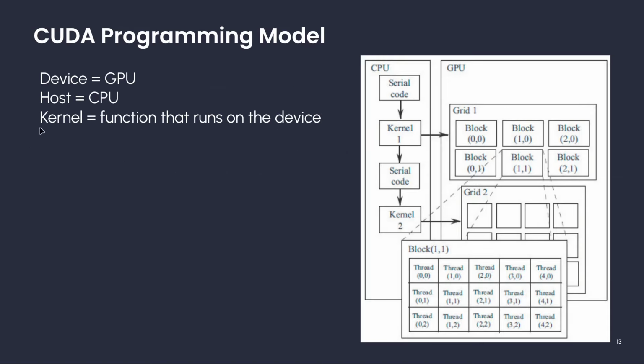So GPU Programming Model हे लक्षात ठेवायची गोष्ट आहे. डिव्हाइस म्हणजे GPU, होस्ट म्हणजे CPU आणि कर्नल म्हणजे जो फंक्शन GPU वर रन होतो ऑन द डिव्हाइस. Device means GPU, host means CPU. So CPU and GPU, and GPU has multiple blocks, and each block has its own threads.